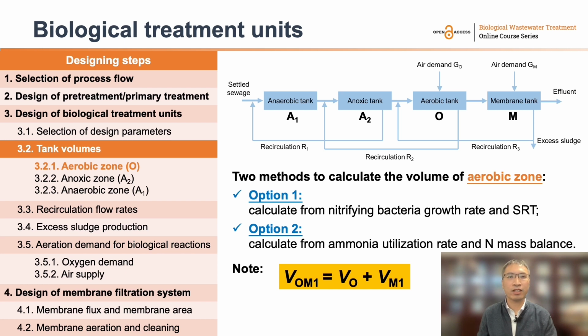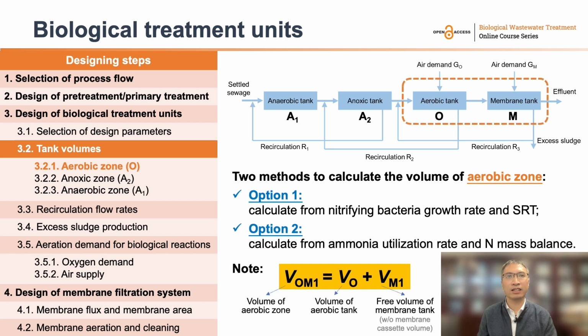First, let's calculate the volume of the aerobic zone. Basically, there are two methods to calculate the volume of the aerobic zone. Option 1, to calculate from the growth rate of nitrifying bacteria and SRT. And option 2, to calculate from the ammonia utilization rate and nitrogen mass balance.